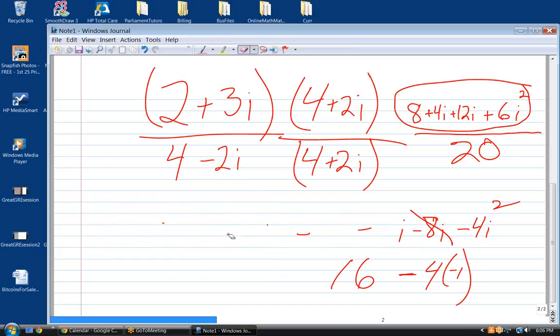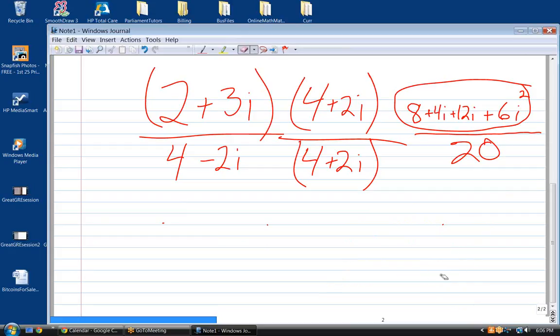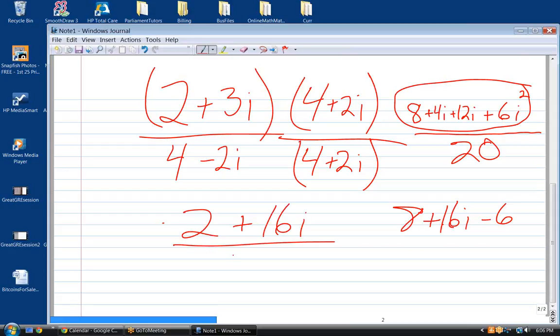8 plus 16i plus 6i squared, which then turns into 6 times negative 1. So it'd be negative 6. Okay, so what's the final result? So it'd be 2 plus 16i over 20, because we had a 20 in the denominator.